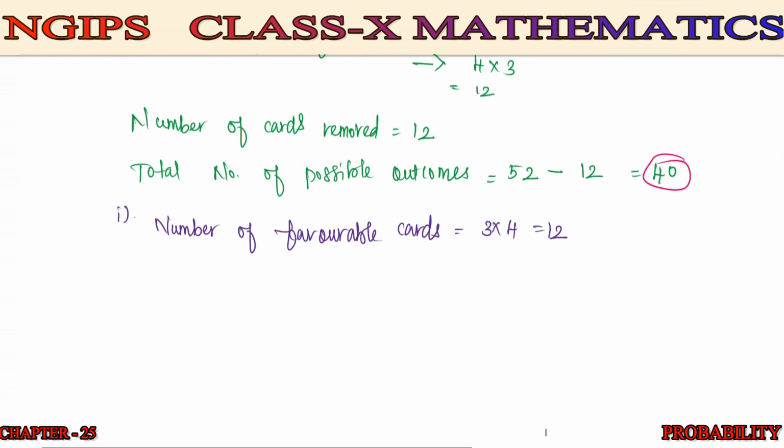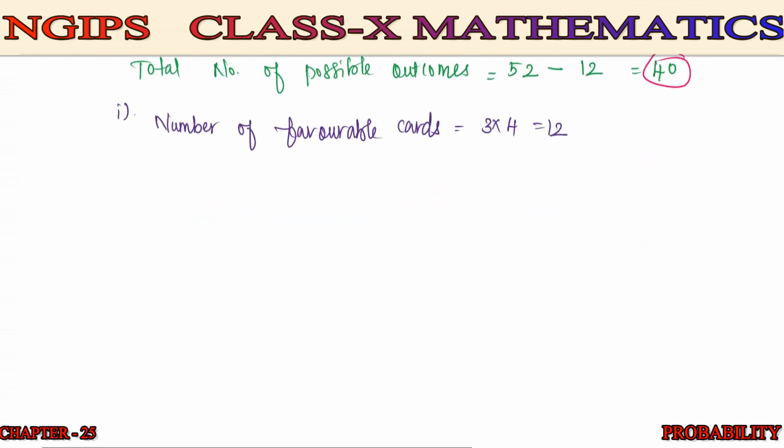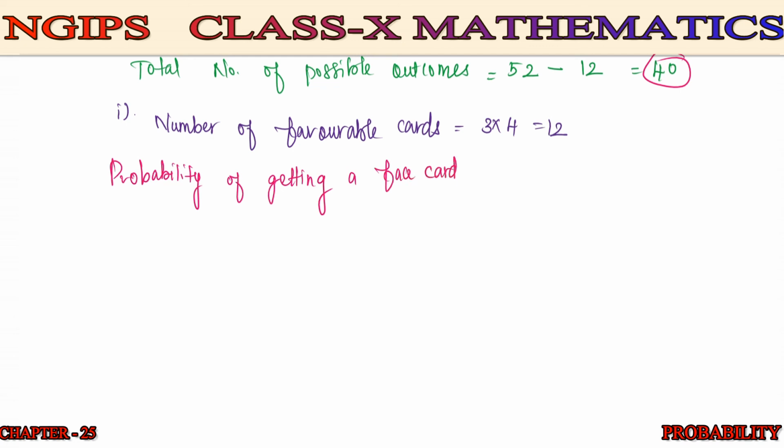So here probability of getting a face card is equal to number of favorable outcomes divided by total number of possible outcomes.